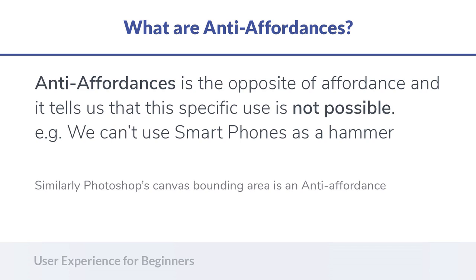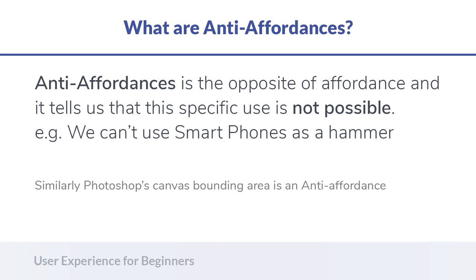For example, we can't use smartphones as a hammer because we can see there is a glass screen on it. We know that it's sensitive and it can break if I try to hit something with it. Similarly, if you have used Photoshop or any design software, you know that there is always a canvas present and there is a bounding box around the canvas.